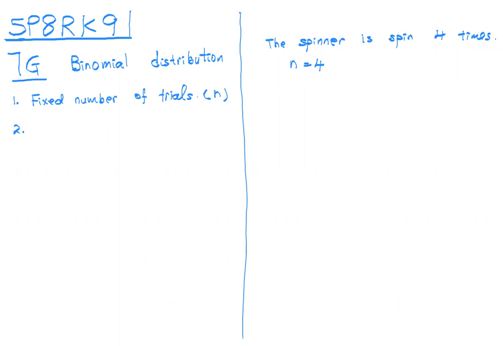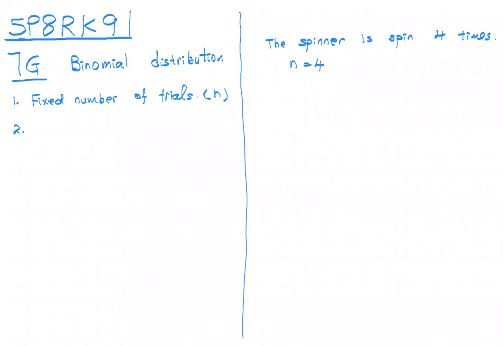What do you mean by independent trials? Yes, the first spin will not affect the second one. The probability of getting a certain thing. Okay, so now, what is our success and failure for each trial?